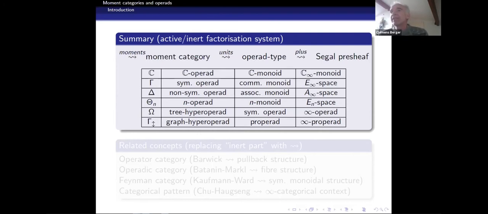In the case of Gamma, you get E-infinity spaces. In the case of Delta, you get A-infinity spaces. In the case of Theta n, you get E_n spaces. And in the case of Omega and the graphical Gamma, you get respectively infinity operads and infinity properads. I will not speak much about this homotopical weakening, but it just tells you that you have enough combinatorial structure to get a consistent homotopical notion of C-infinity monoid.